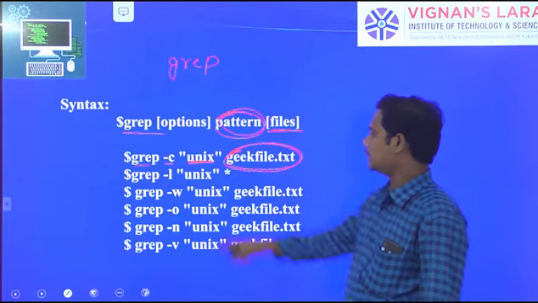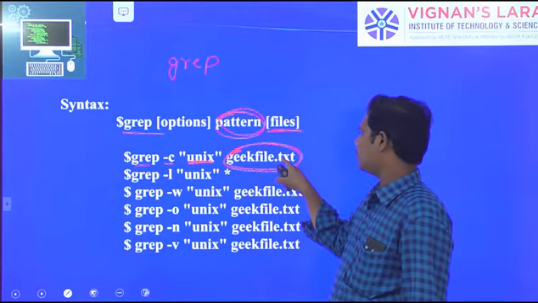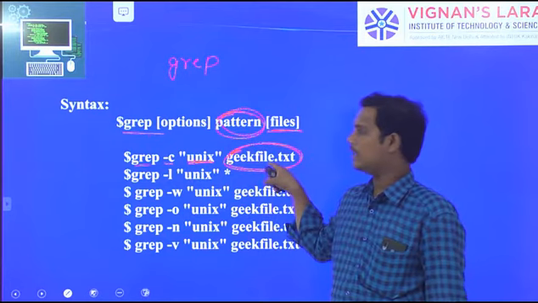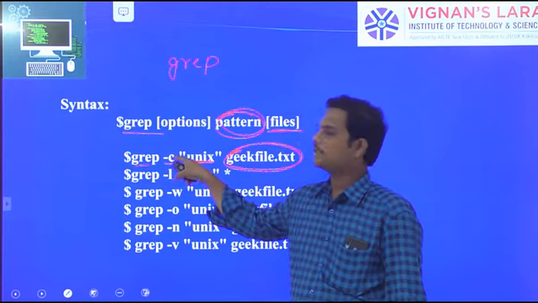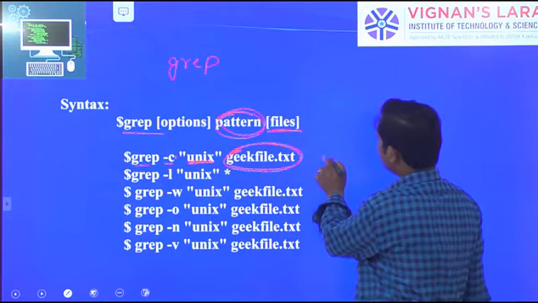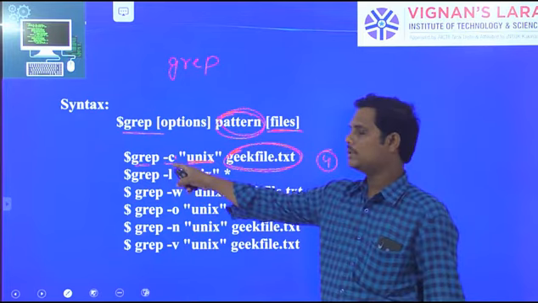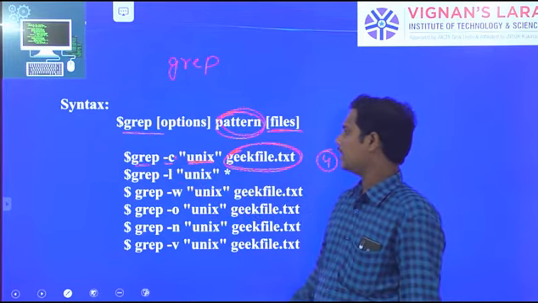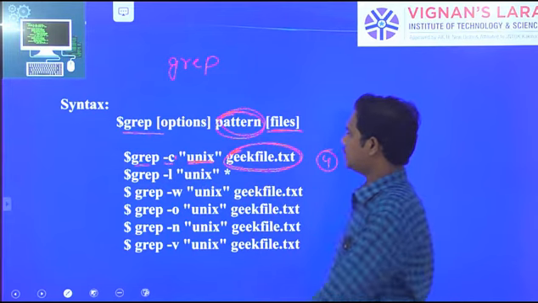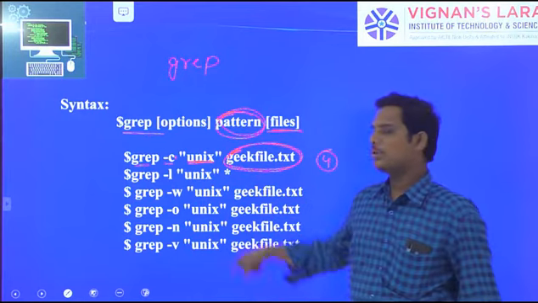I want to search the Unix pattern in this file, and how many times it occurs will be displayed by option C. Suppose Unix appears in 4 places, the output is 4. Option C gives the count. If option C is not there, just grep space Unix grepfile, only those lines are displayed.